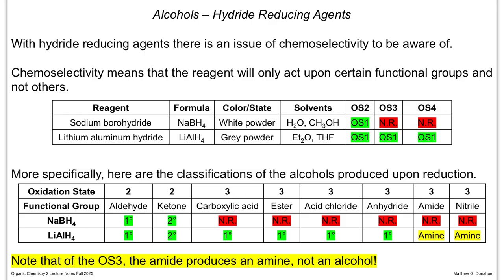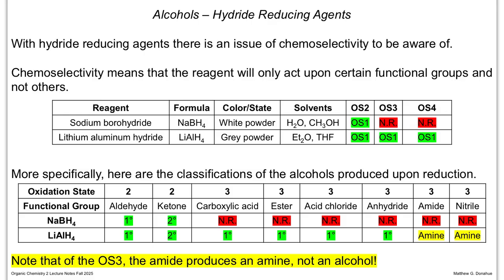Notice for sodium borohydride, it does not react with any of the oxidation state 3 functional groups. Lithium aluminum hydride, on the other hand, does. And what class is it producing in all cases? It's producing primary because that carbonyl group is at the end of the chain.